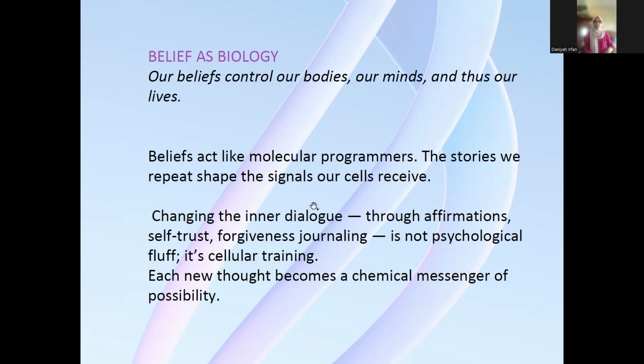Okay, so the more you repeat these good things, the more habitual and consistent you become in training your cells the correct way, the more you are rewiring your entire system. Each new thought, each new belief that you get, is a chemical messenger of possibility.